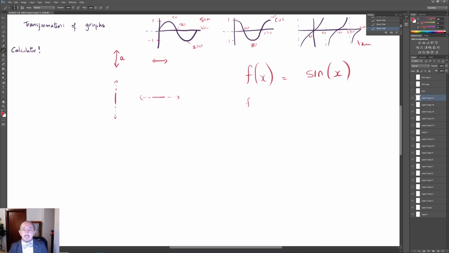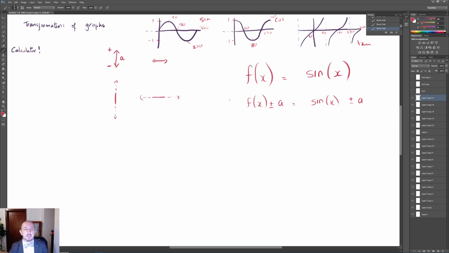We're going to do f of x plus or minus a outside of the brackets. This would make sine x plus or minus a. Then that's going to shift the graph up and down. So positive a, negative a, like that. Positive a, like plus 2 or something like that, will shift the graph 2 units up, and 2 units down, minus 2, like that. Okay?